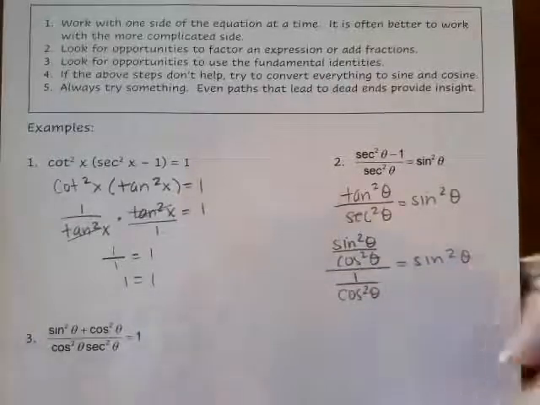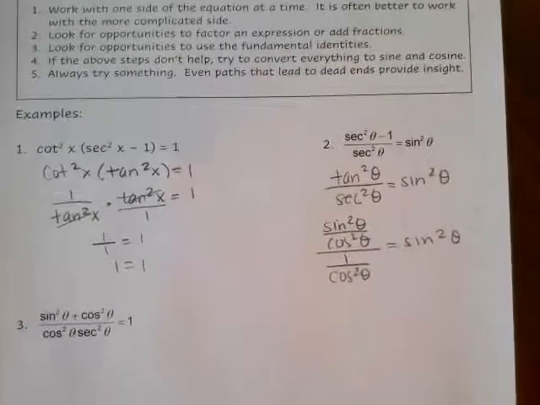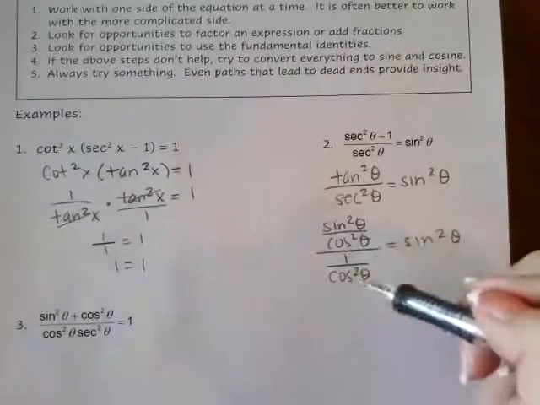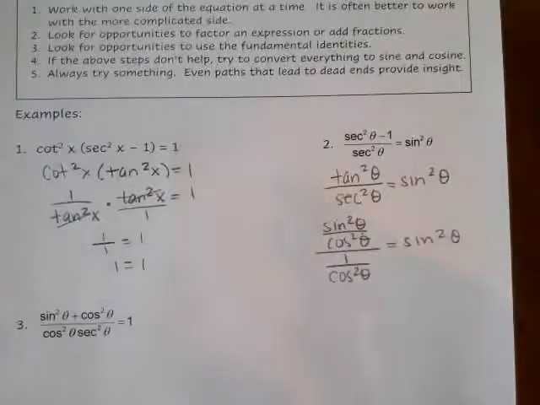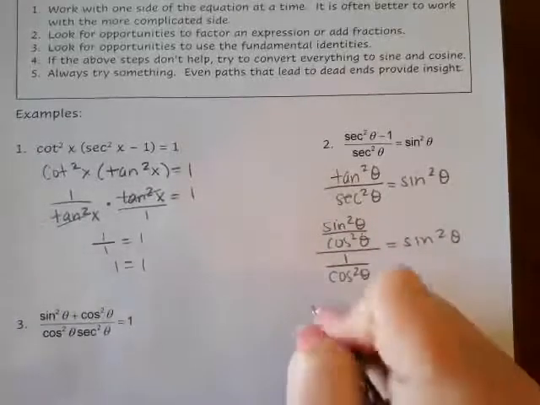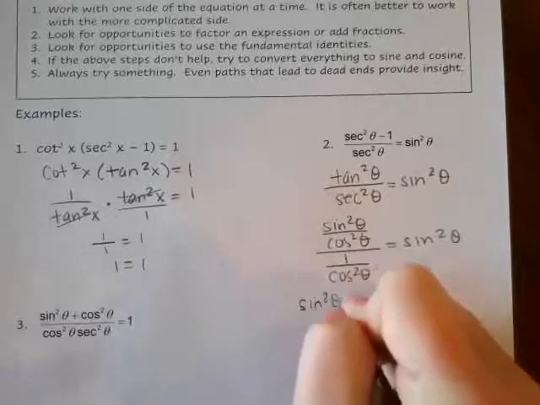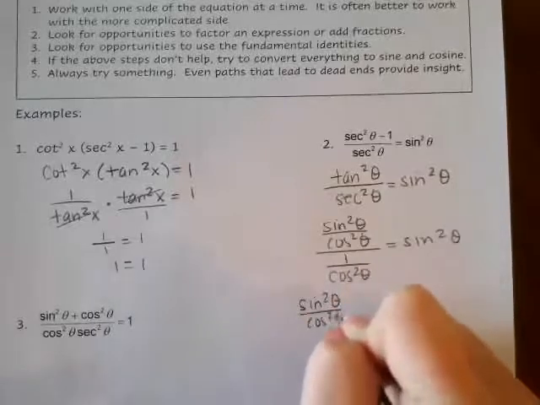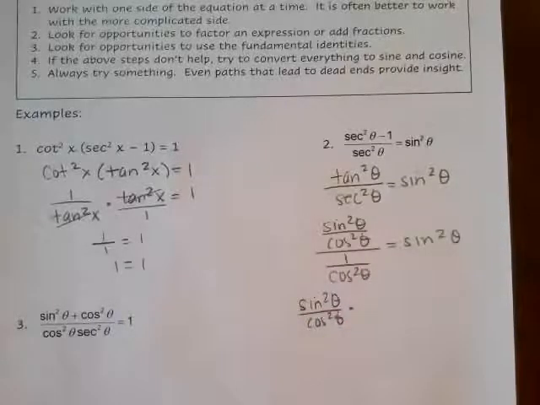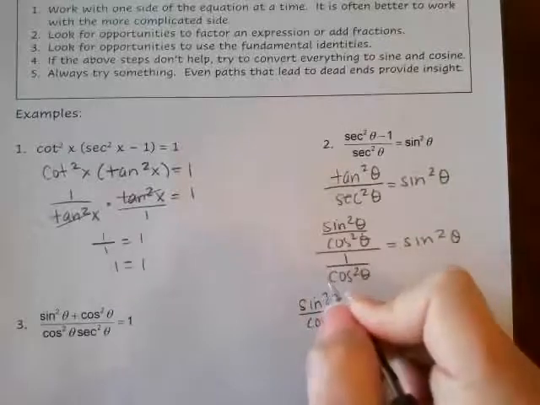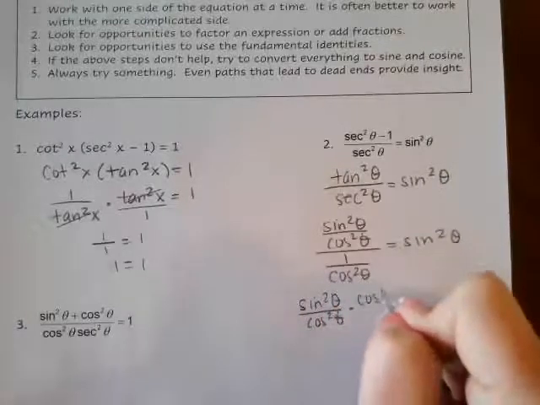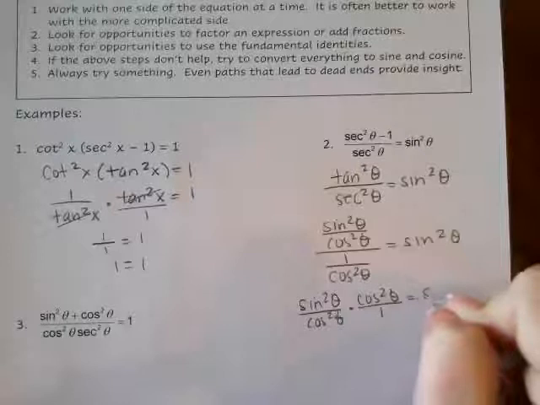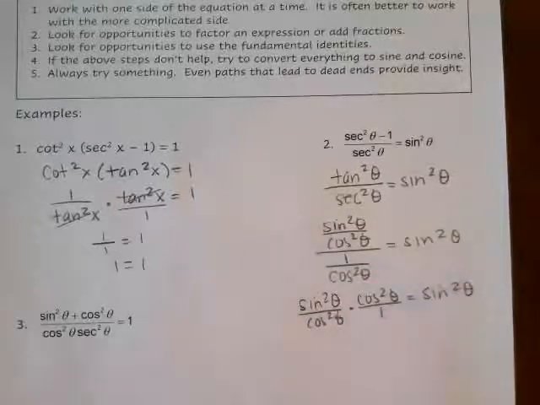The right-hand side does not change. Now, anytime that we have a fraction over a fraction, we do that keep, change, flip. So that's what we would want to do here. So I'm going to keep my sine squared of theta over cosine squared of theta. I'm going to change that to multiplication, and I'm going to flip this bottom one. So it becomes cosine squared of theta over 1. The right-hand side does not change.